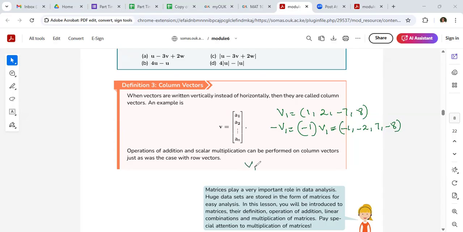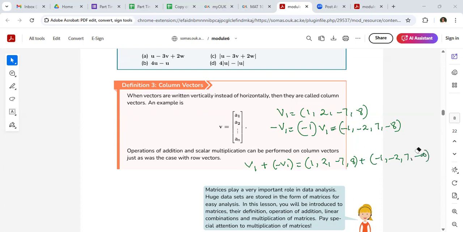Then we add v1 plus negative v1: 1, 2, -7, 8 plus -1, -2, 7, -8.